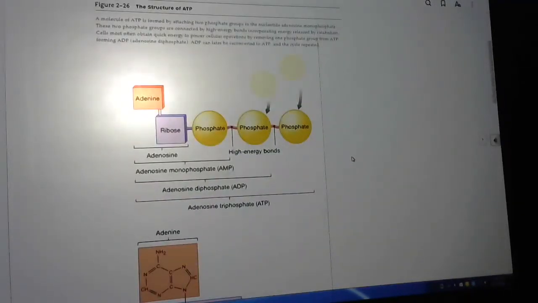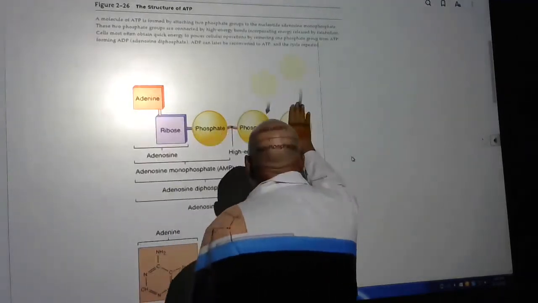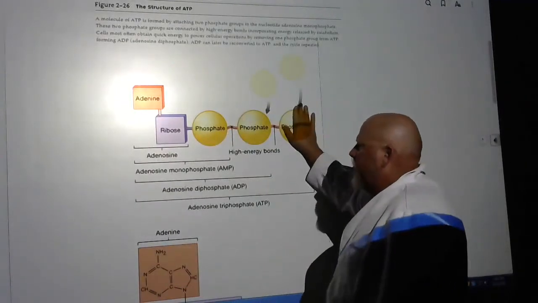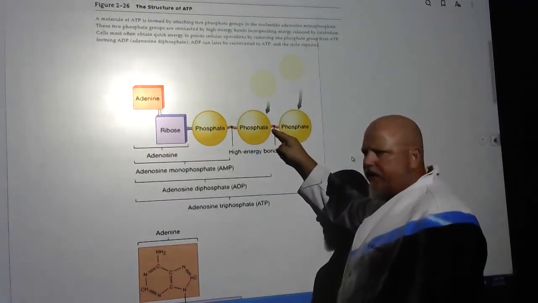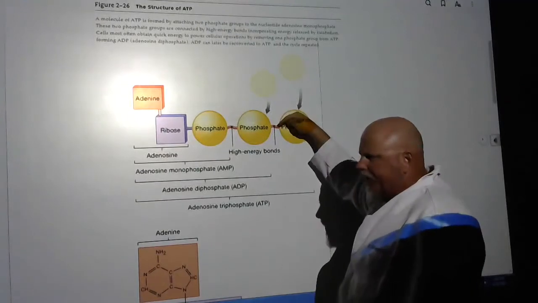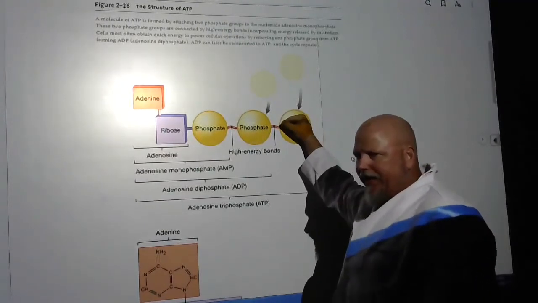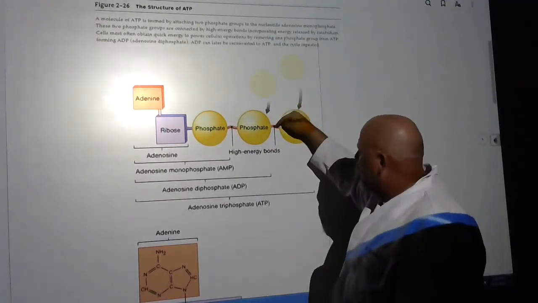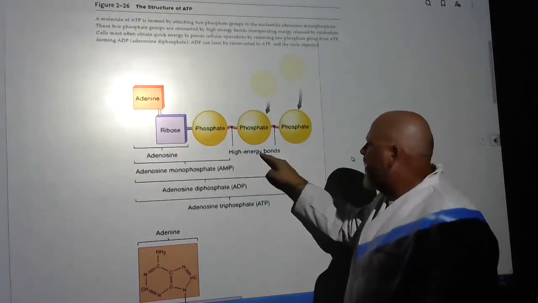Next, we have ATP, adenosine triphosphate. Remember, we talked about this being the energy source of the body. The phosphate does not provide energy. This bond right here is the energy. If I have this bond, it means that I have stored energy. It's called an energy bond.